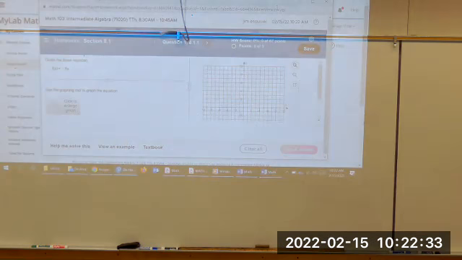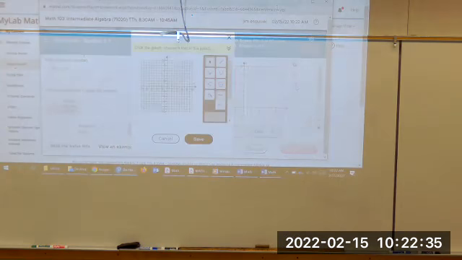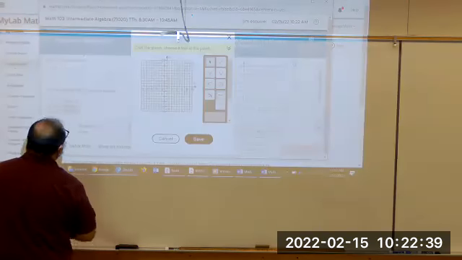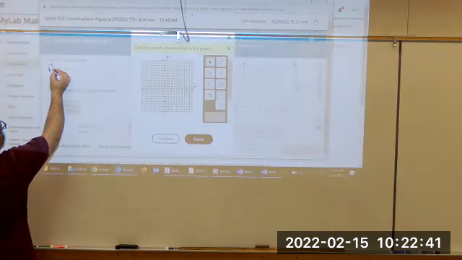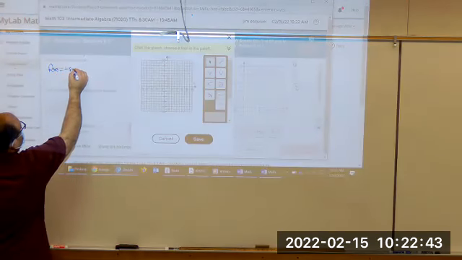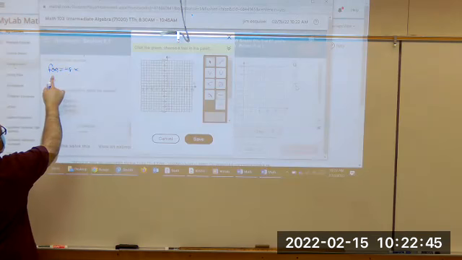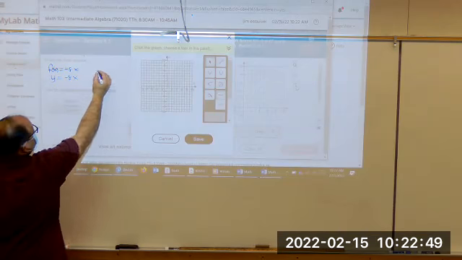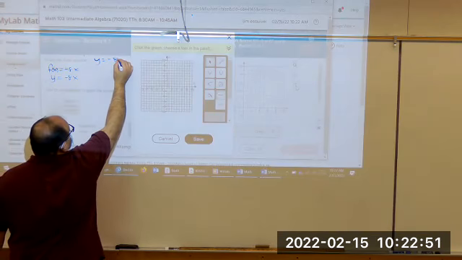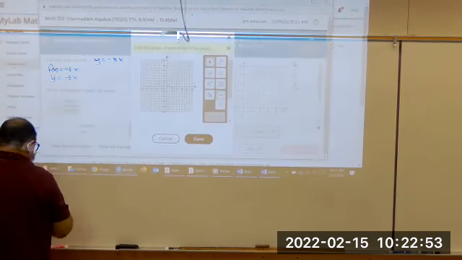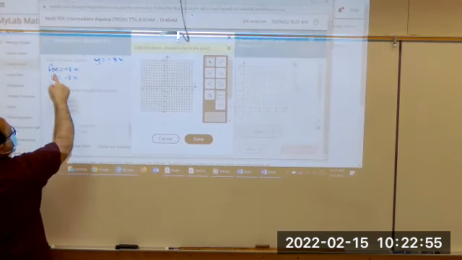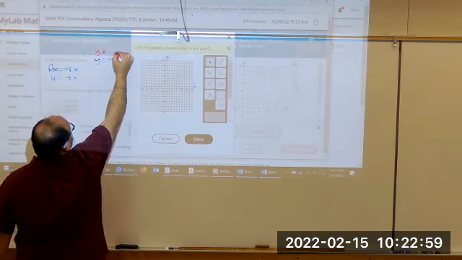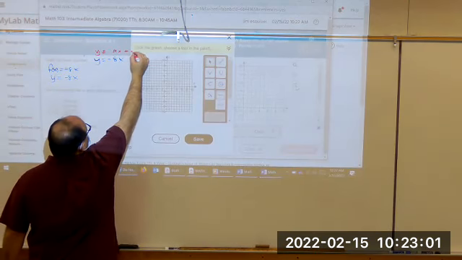So f of x is negative 8x. Remember, that's the same as y equals negative 8x. When you have function notation, you automatically have y by itself, so you automatically have y equals mx plus b.